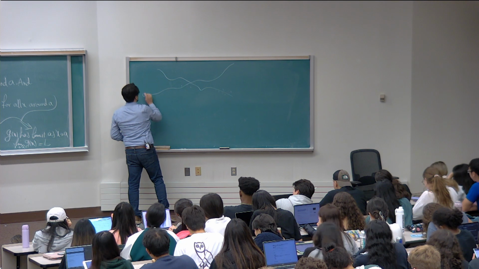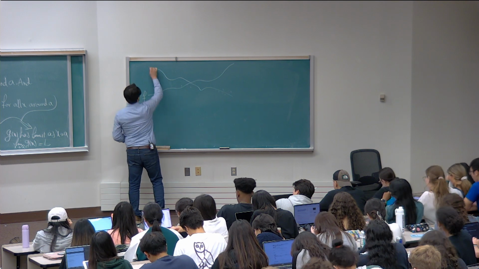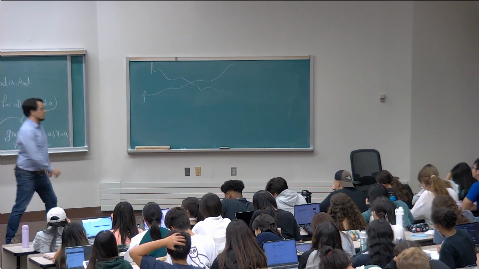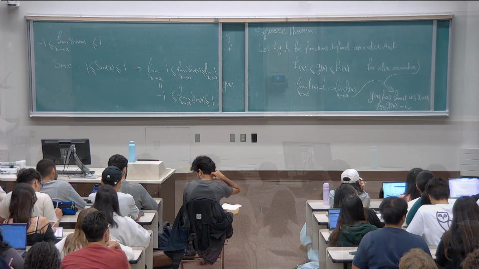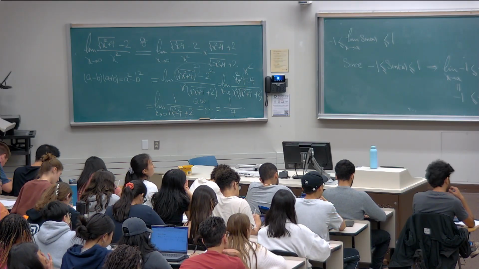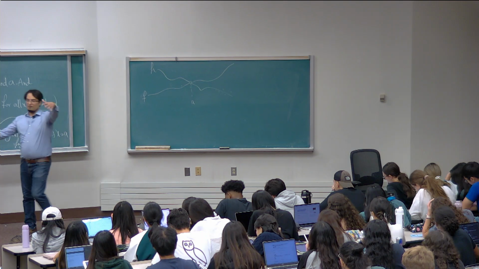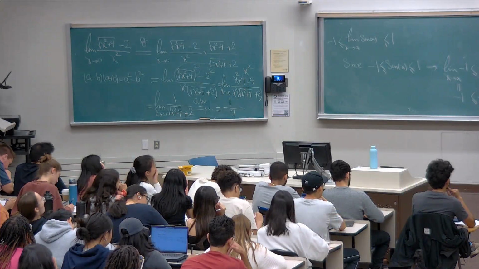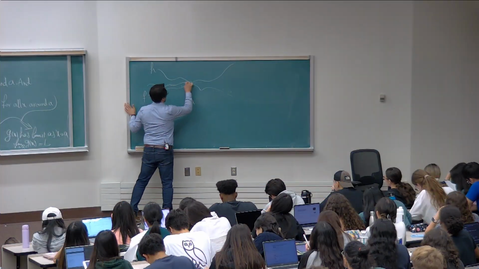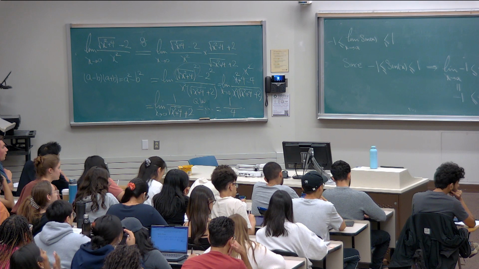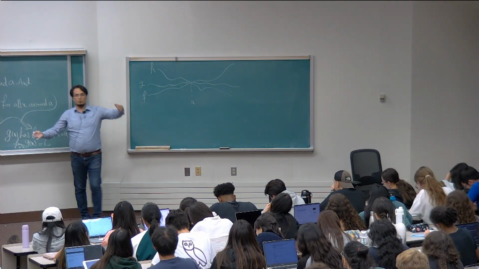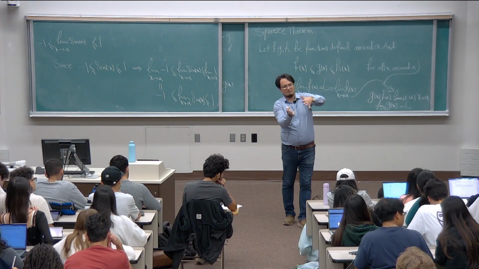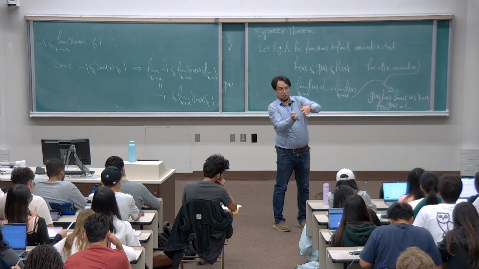So what does this say? We have three functions around a point a, and they follow this inequality: f is less than g, and g is less than h. In other words, f and h bound the values of g.